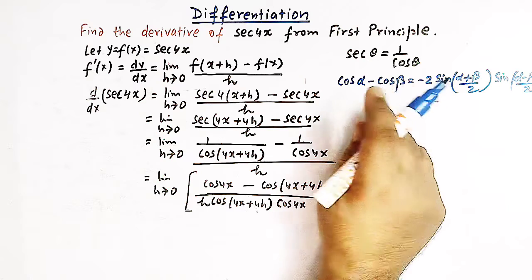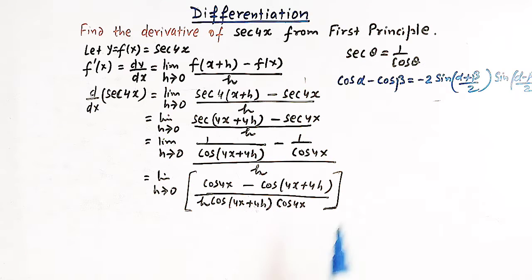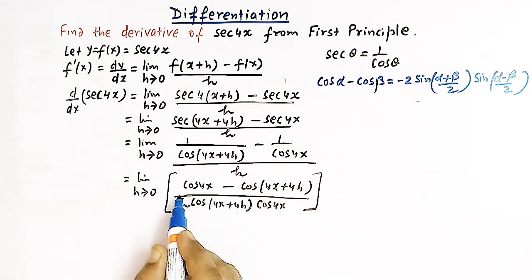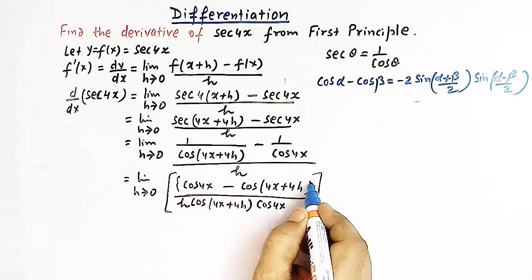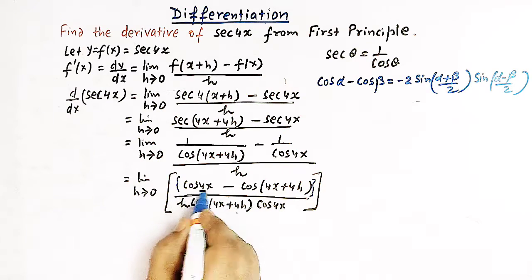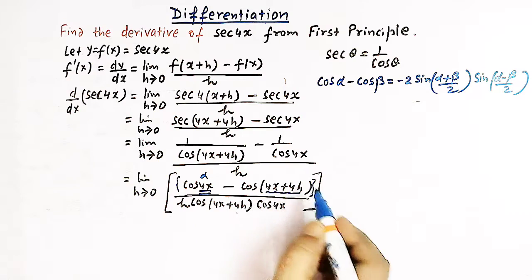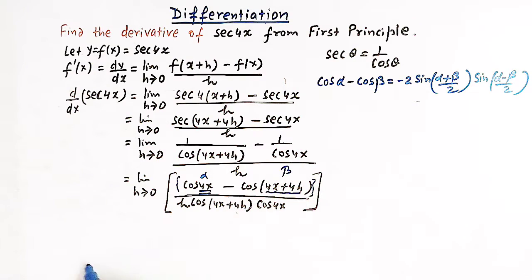This is an important identity from trigonometry. Now applying this identity here, 4x can be taken as alpha, and 4x plus 4h may be taken as beta.